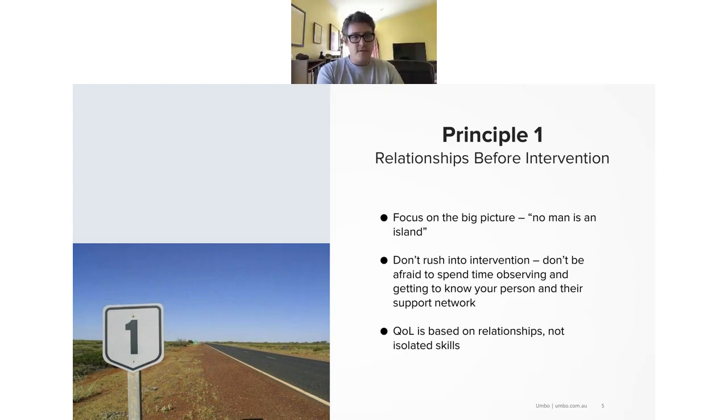So the first principle that we found worked with our clients was that we prioritize relationships before the intervention.